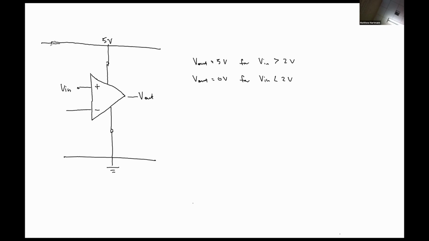So we're going to put one resistor here, and another resistor here. And then we need to give these resistors values such that the voltage at this node, which is V reference, is 2 volts. Does that make sense at all?